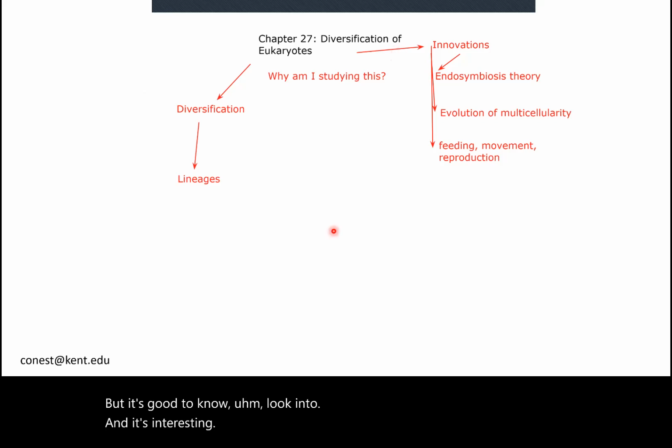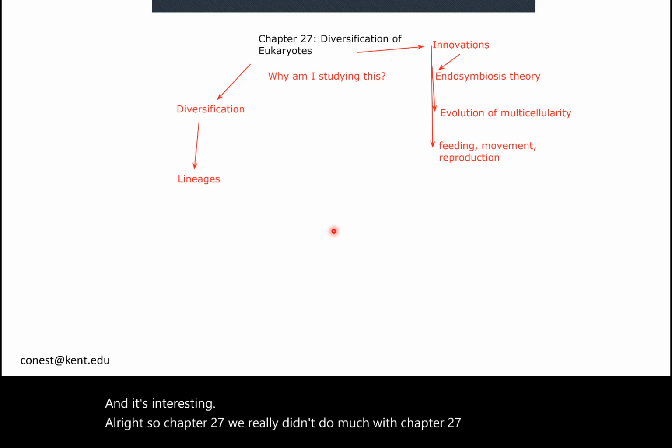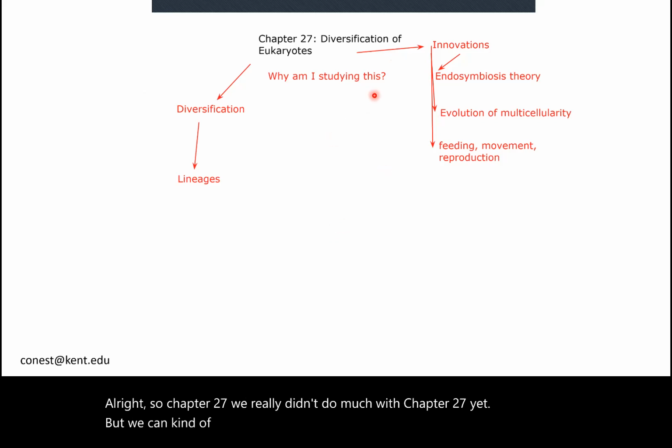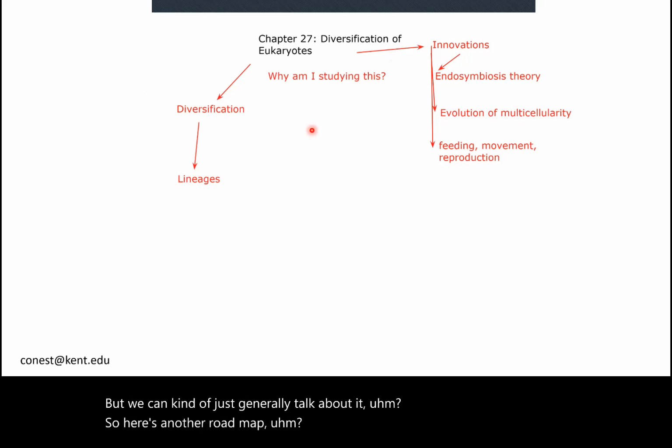All right, so chapter 27. We really didn't do much with chapter 27 yet, but we can generally talk about it. Here's another roadmap. Eukaryotes are extremely diverse, and we're going to go over some lineages.